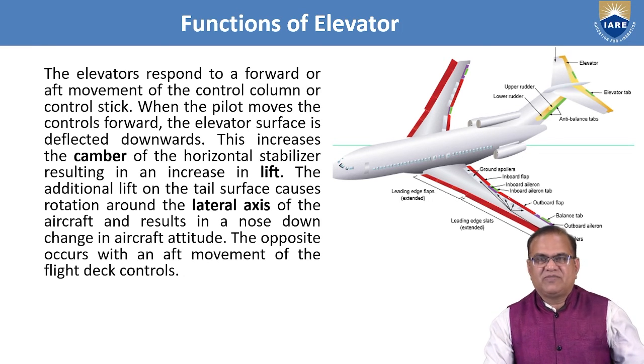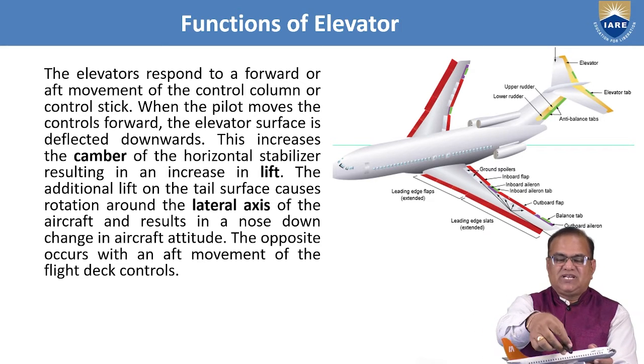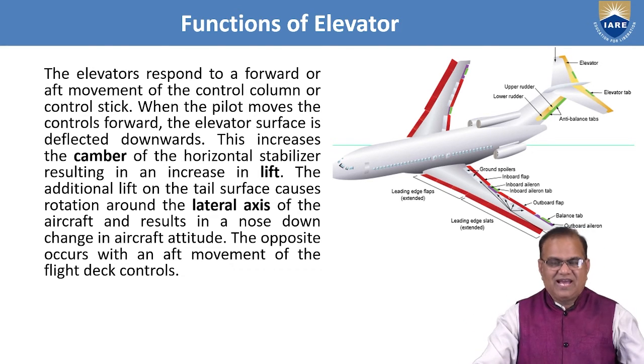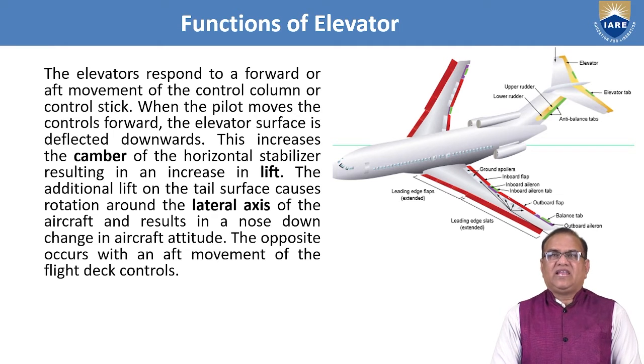So this is the primary control, and the motion will take place with respect to the lateral axis. That is the theme of this elevator. When the elevator surface is deflected downwards, this increases the camber of the horizontal stabilizer, resulting in an increase in lift.